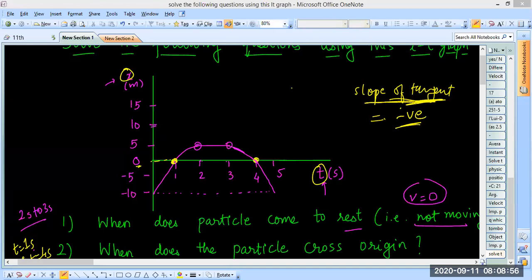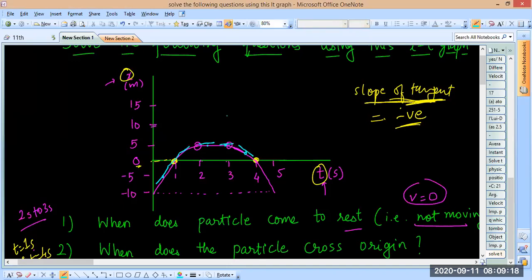Everyone stop and listen to what I'm saying carefully and look at the screen carefully. Let's draw tangents. Suppose I draw a tangent somewhere here. It would look like this. Positive slope, positive slope, positive slope, zero slope. Over here there's a negative slope.